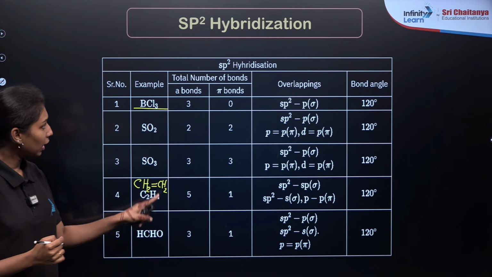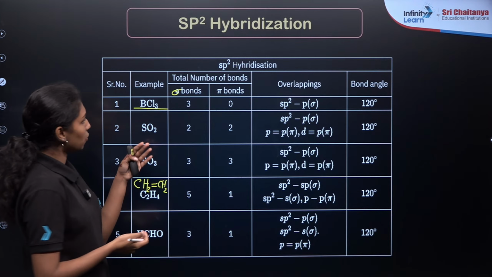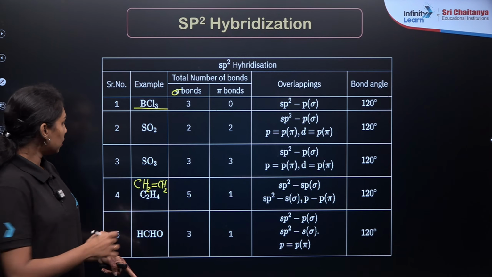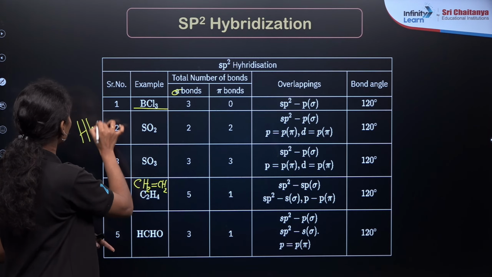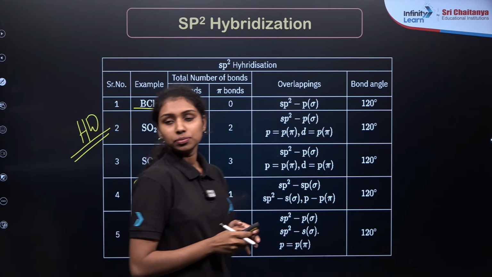Double bonded carbon compound, which we have already discussed. This is the number of sigma bonds, and this is the pi bonds. So they have already given the examples for different sp2 hybridized molecules. So take it as homework. Try to find out the hybridization and shape of these molecules given here.